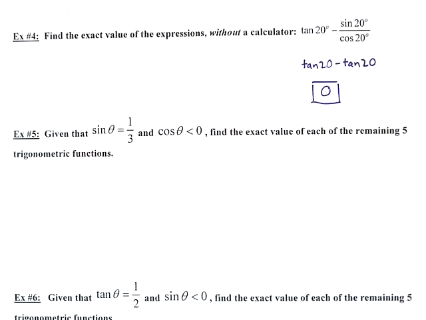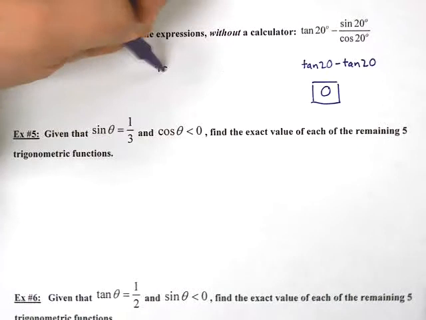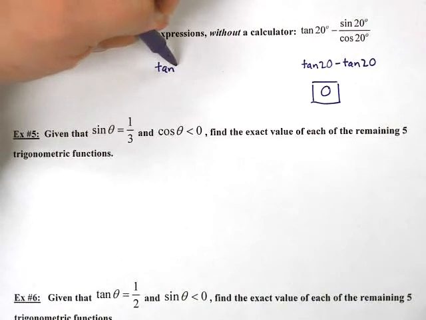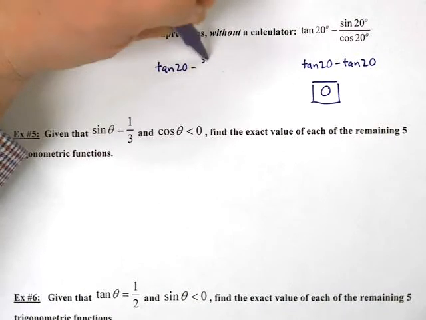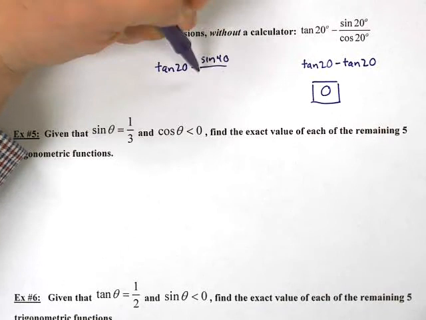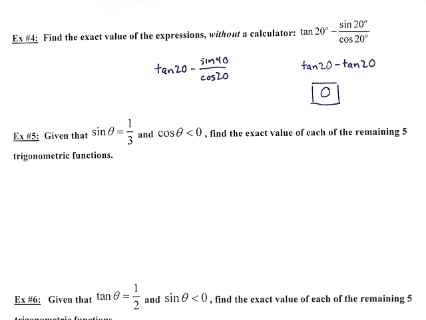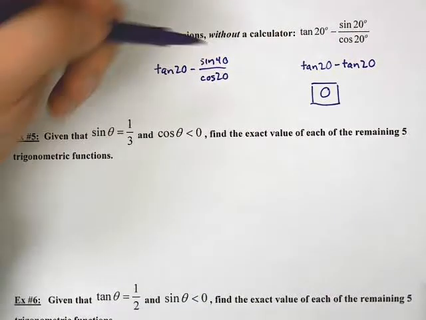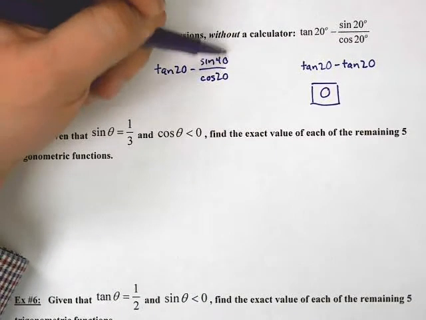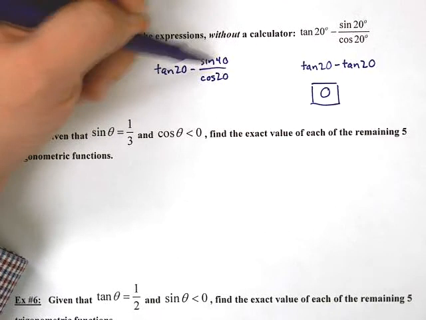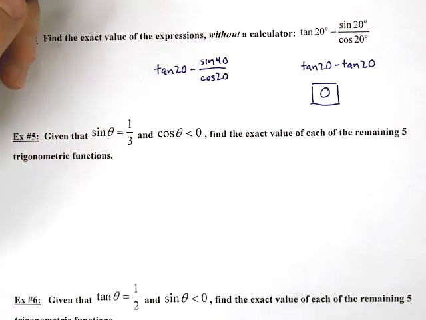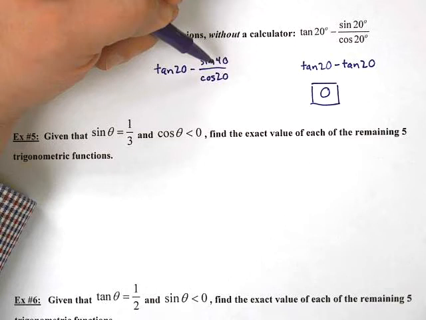Now, be very careful. I want to do one other thing that's not on the notes. So if we did tan 20 minus sine 40 over cosine 20, I need you to understand that we cannot just cancel out or take out a 2. You cannot use these identities unless the angles are the same.